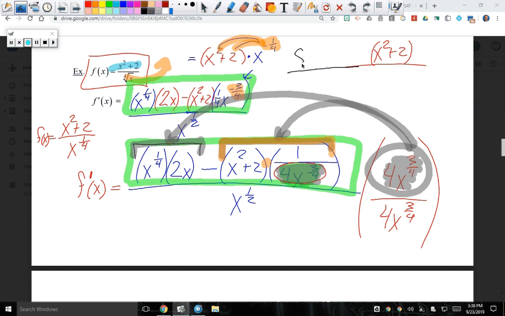So I'll get 8, because 4 times 2 is 8. And then I have x to the 1/4 and x to the 3/4. I'll write it over here. X to the 1/4 and x to the 3/4. I'm multiplying all those pieces together. So it'll be x squared. So this became 8x.